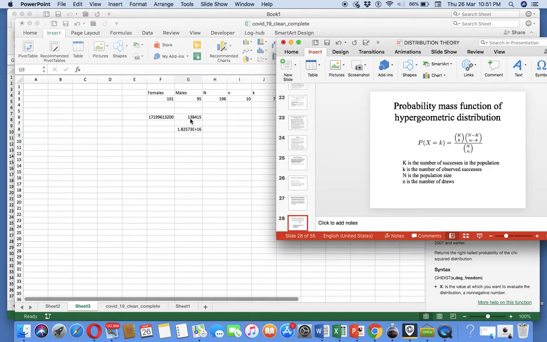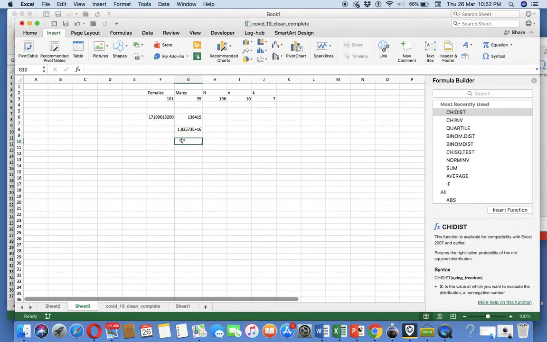The second part is n minus k and small n minus k. That is this part. And the third part of the combination is capital N C N. So the three parts, I'll combine together. That will be equal to this into this divided by this.